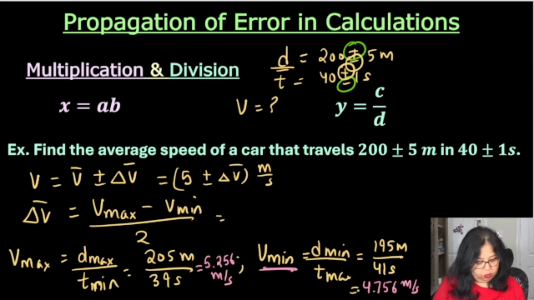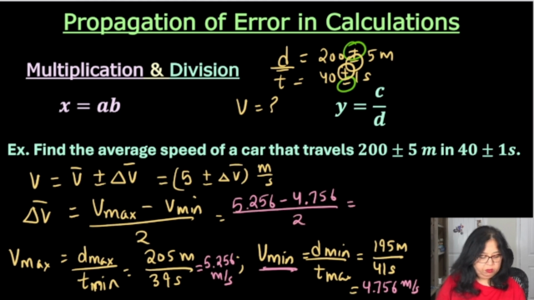So delta V bar will be 5.256 minus 4.756 divided by 2. What does this give me? 0.500 divided by 2, 0.250 meters per second.